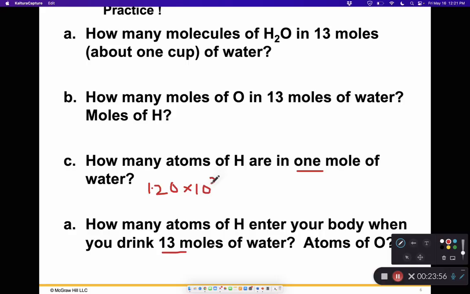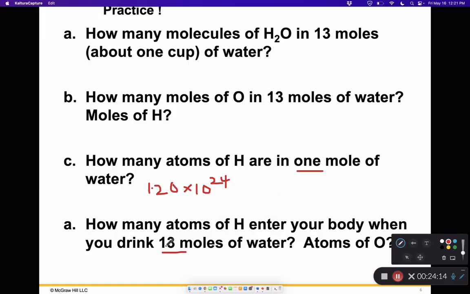You can do the unitary method. So now just multiply this number by 13. Or you can set up just like how we tried it. You start from moles of water, then get the moles of hydrogen, and then get the number of hydrogen atoms.